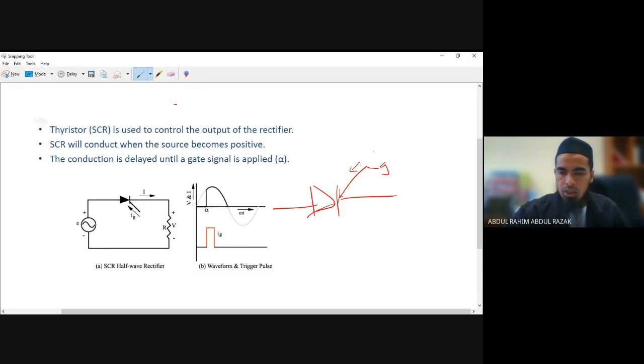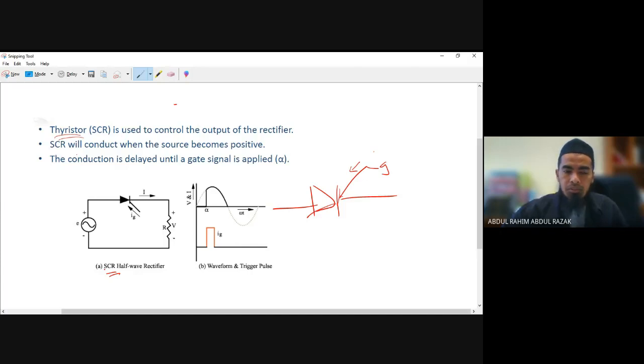So it's no more called a diode. It's a silicon control rectifier, or thyristor, which is used to control the output of the rectifier.